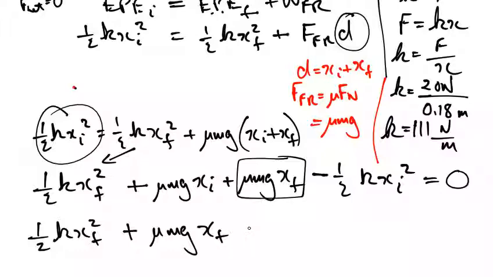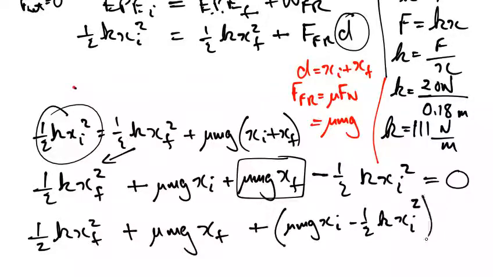And now I've got plus, in brackets here, mu mg xi minus 1/2 k xi squared equals 0.